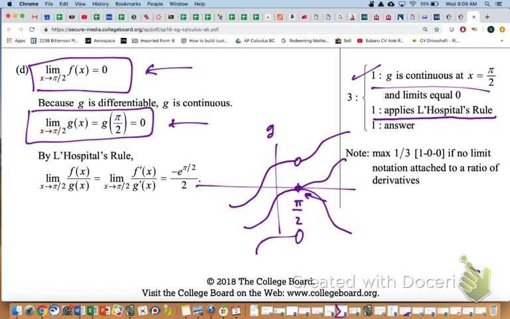Anybody else? Audrey? So if it didn't say differentiable and you solved it, would you be able to do that, or would it be wrong? No, because we wouldn't know what the graph of g looks like. Okay, so if you solved it, you would get no points? Well, they're not going to set you up for failure like that. They're not going to say, hey, find this, and then not give you enough information. You bring up a good point.